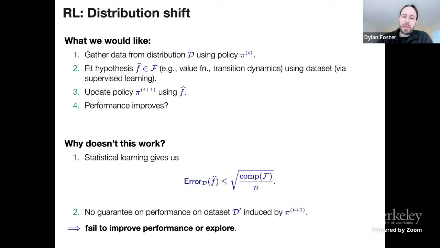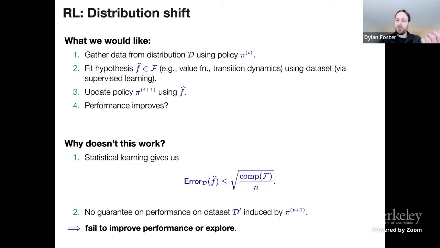But even though F hat might be a good fit on D, we're going to update the policy to pi t plus 1, and F hat might be completely useless at guiding this policy once we update it. For example, pi t plus 1 could take a different action from pi t just at the first step in an episode, and we might end up in a totally new part of the state space where we don't have any data so far. And if we're not careful, say we forget what we've seen, we might cycle and fail to improve.